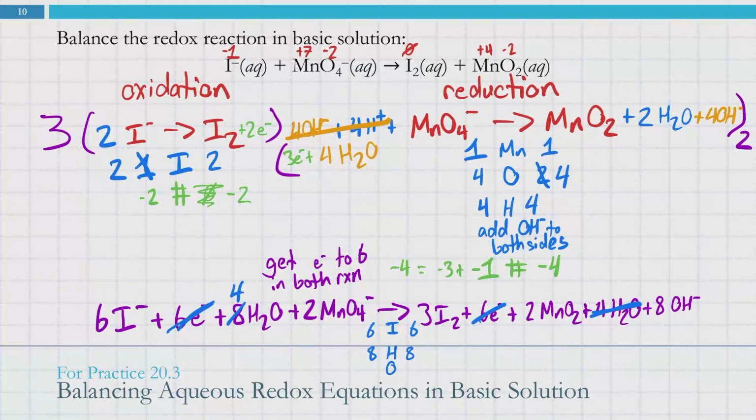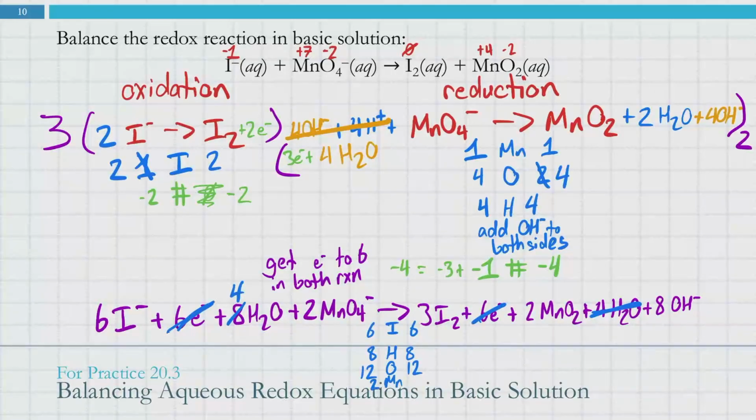We've got oxygen, 4 from our waters, another 8 from our permanganates. So that's going to be 12. On the right side, 2 times the 2 in our MnO4, plus 8 in our hydroxide. So we've got 12.